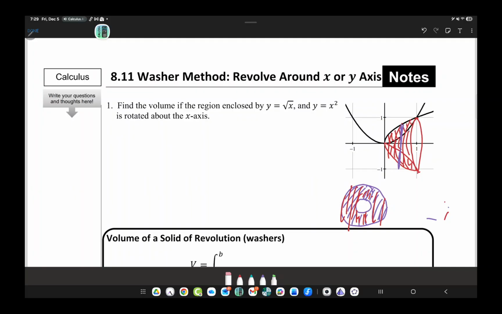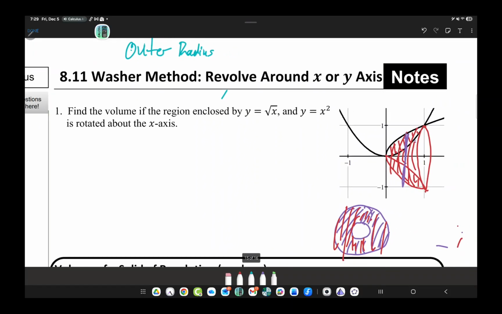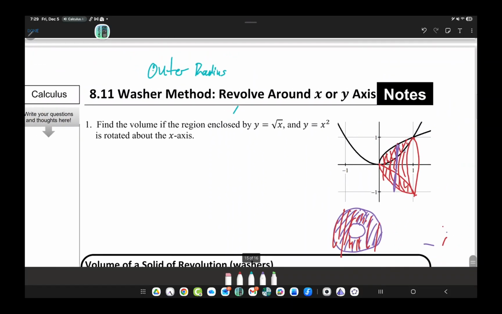So in this case, what is my outer radius? Basically, which of these functions is further from the x-axis? It would be this one here, square root of x. So this is my outer radius.